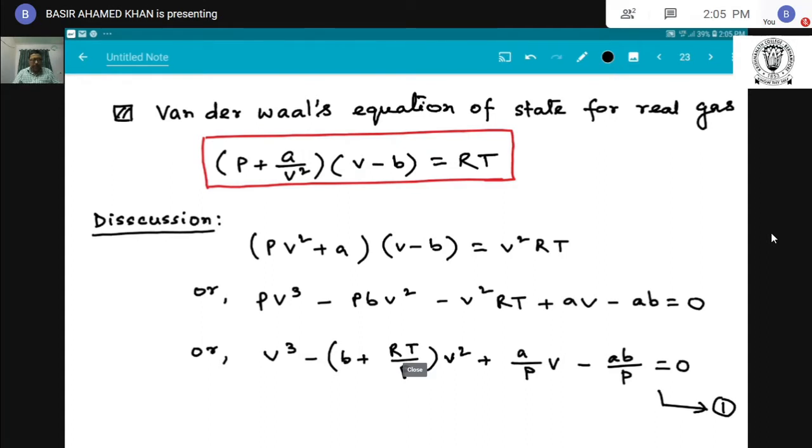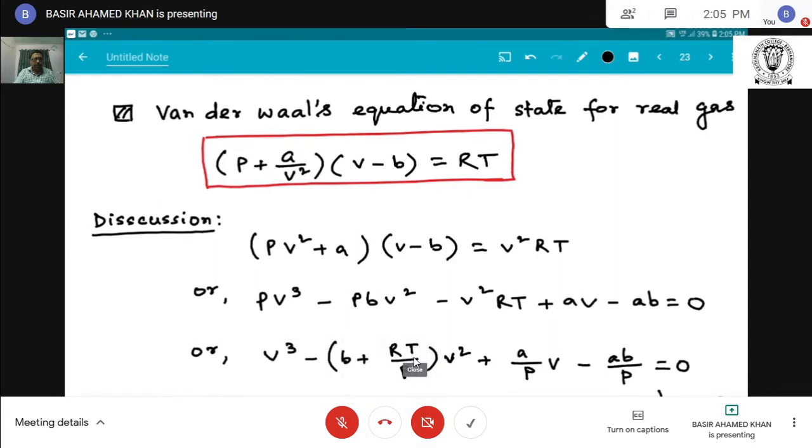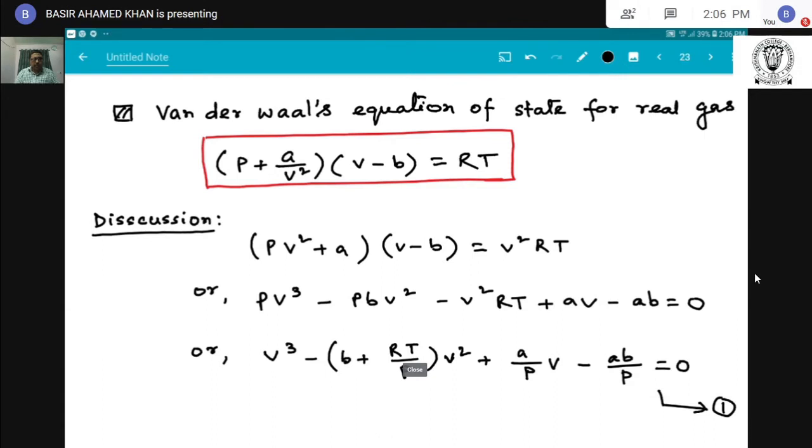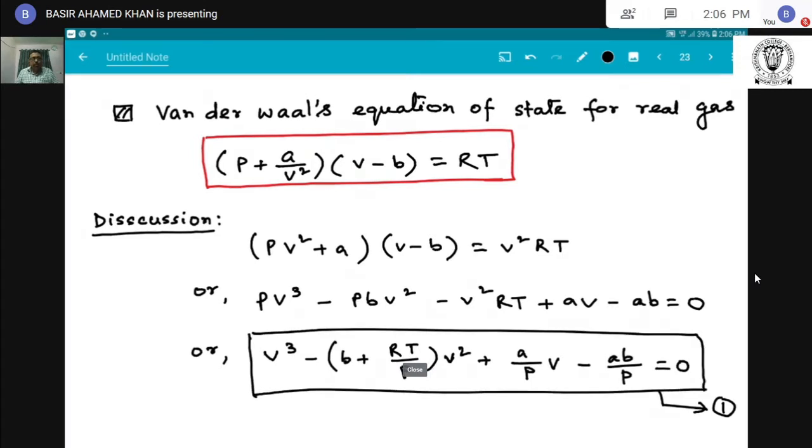Now from this equation we see that this is an equation of third degree in V. So for a particular temperature there should be 3 values of V for a particular pressure.